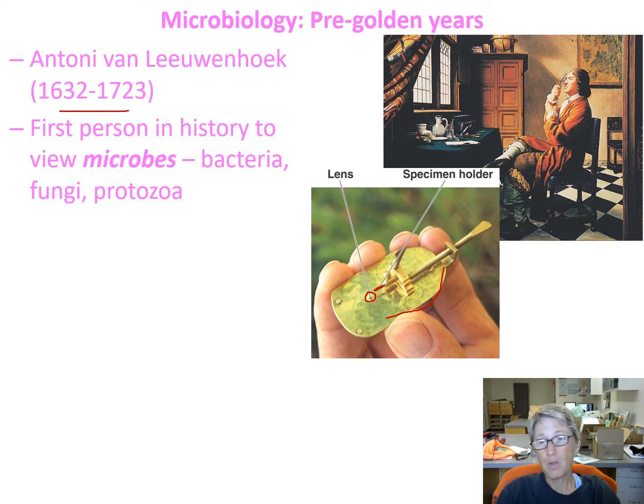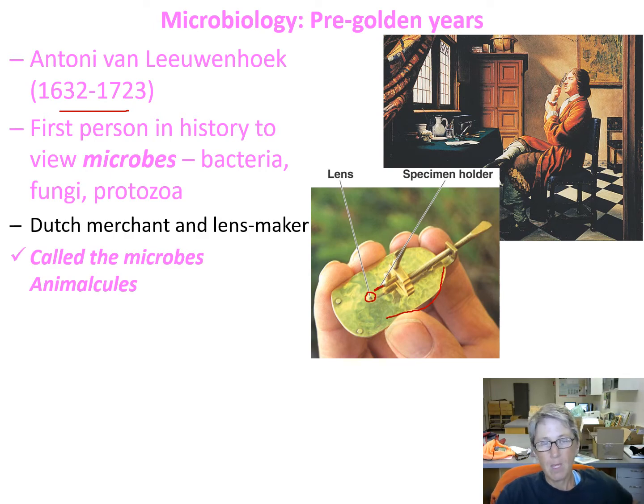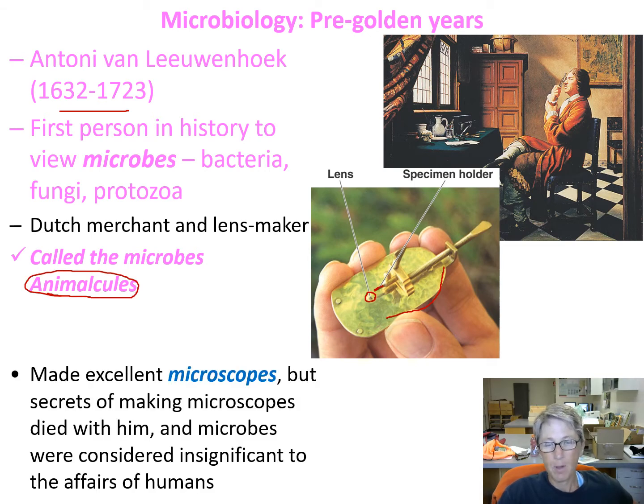So he's the first person in history to view microbes, including bacteria, fungi, and protozoa. He called the microbes animalcules, which is kind of interesting, kind of like a little animal. He made excellent microscopes, but like I said, he kept the secrets of making microscopes to himself and never taught anyone. So thanks a lot, Antony.